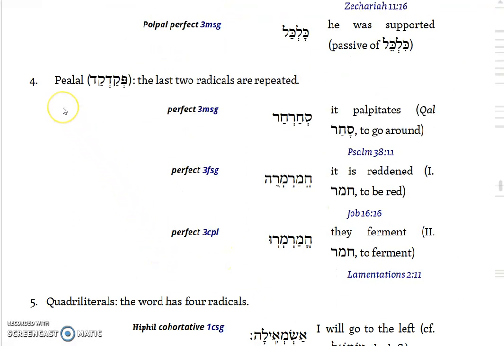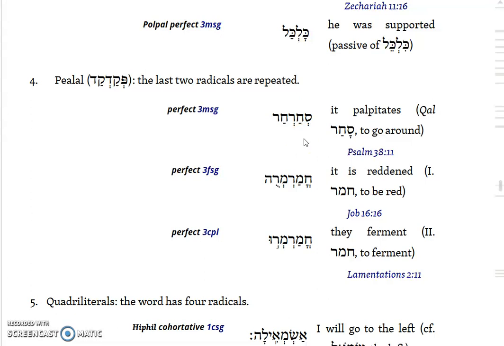And then there's an even rarer pi'lal form, in which the last two consonants are repeated. So the root is pakad, but then you repeat the kof, you repeat the dalet, and you get a form like that. Again, you have the sahar, to go around.